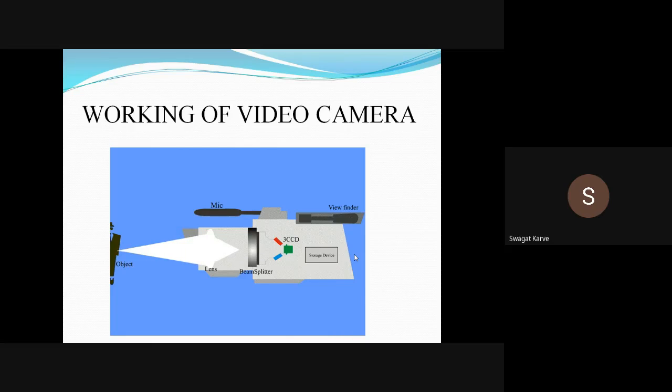Light reaches the lens, then it reaches the beam splitter. Beam splitter will divide it into RGB, then it will reach the dichroic prism. It splits that RGB to its respective CCD sensor. That means 3 CCD imaging sensors we are using. And obviously the next job is that it is stored into a storage device.